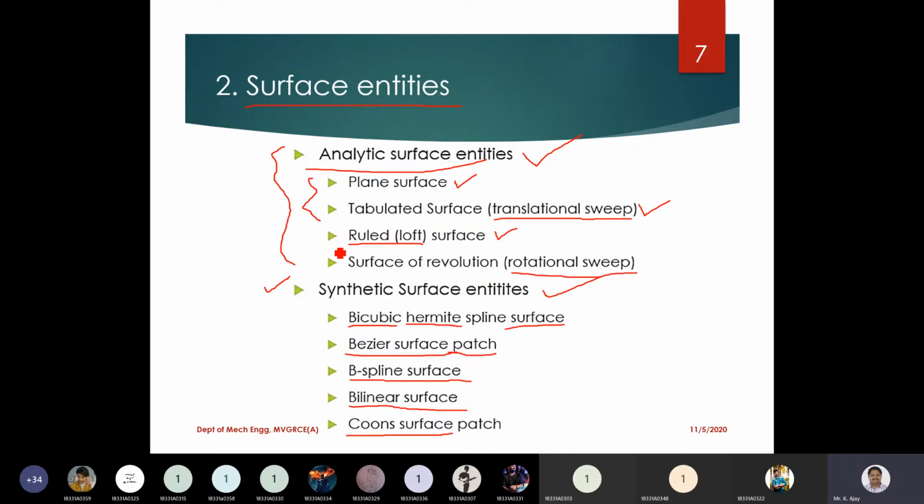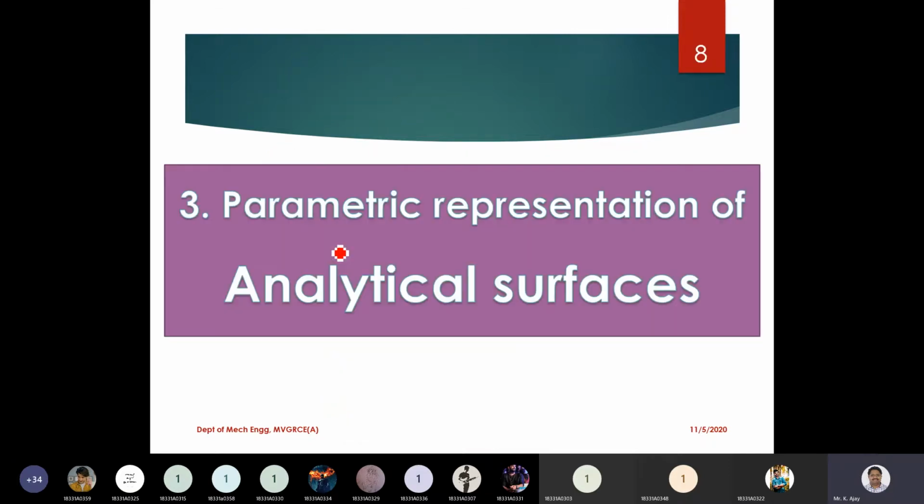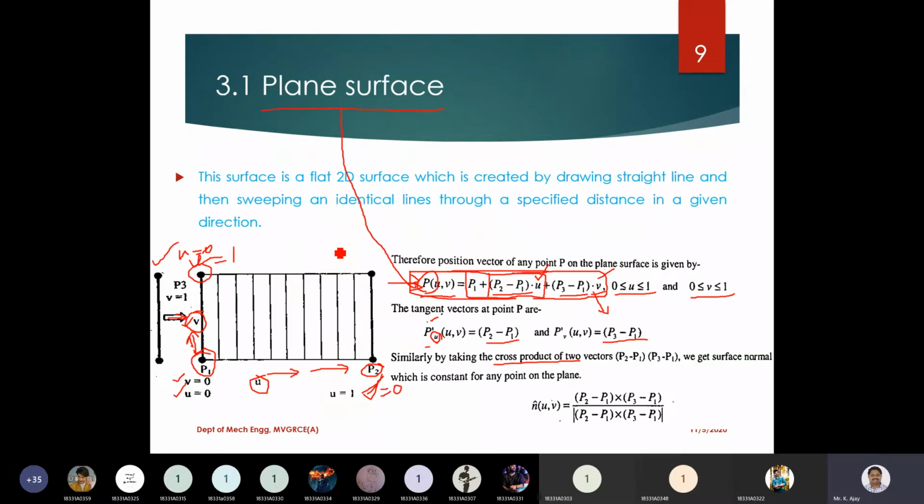Prior to that, let us have a glance at the previous topics, the plane surface. Coming to the plane surface, three points, P1, P2, P3, are sufficient to generate any plane surface.